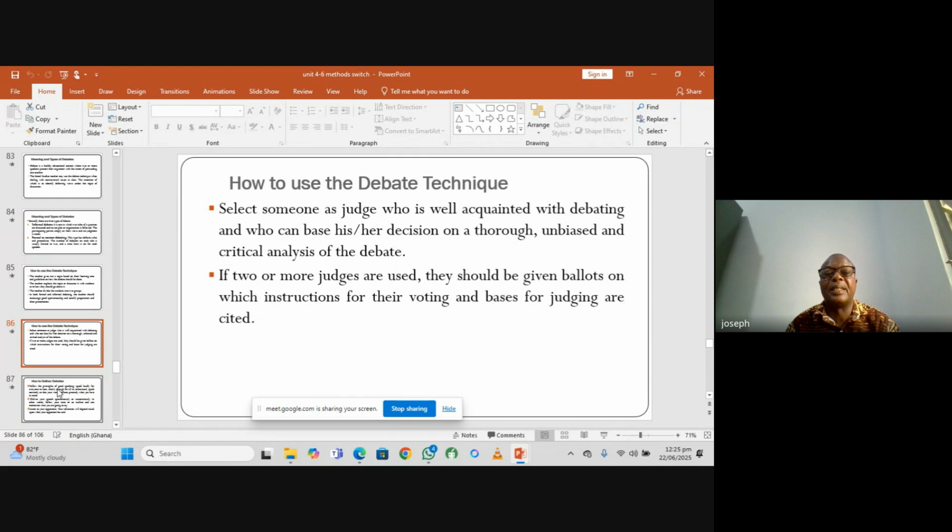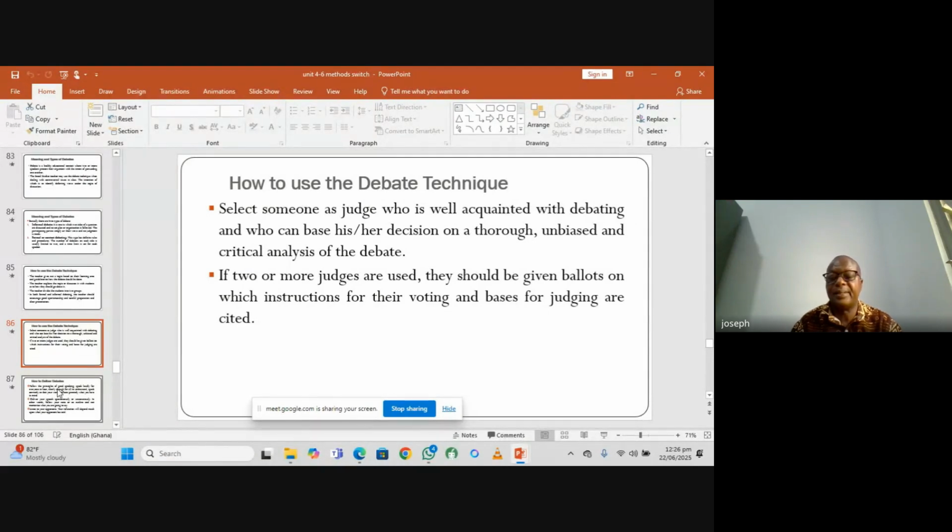If 2 or more judges are used, they should be given ballots on which instructions for their voting and basis for judging are cited. So you may choose 2, 3 at the end. They put their scores together and strike an average. You can select one person depending on the nature of the debate.